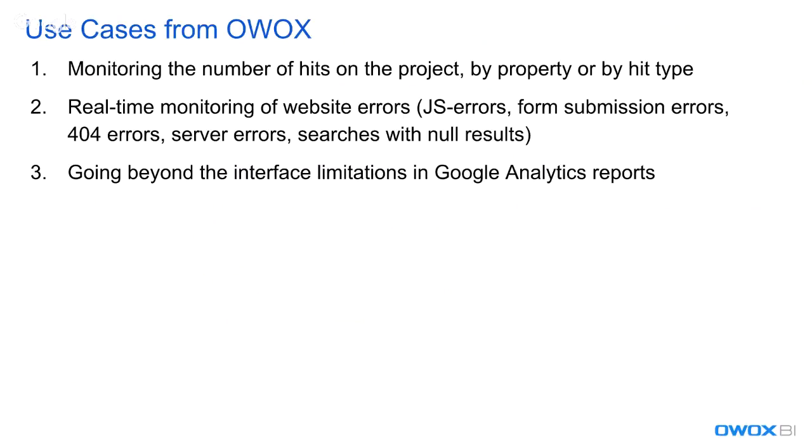But with the help of the Google Sheets add-on, you can request the information you need in different reports, and then combine these metrics in one Google Sheet. So it's also very useful.